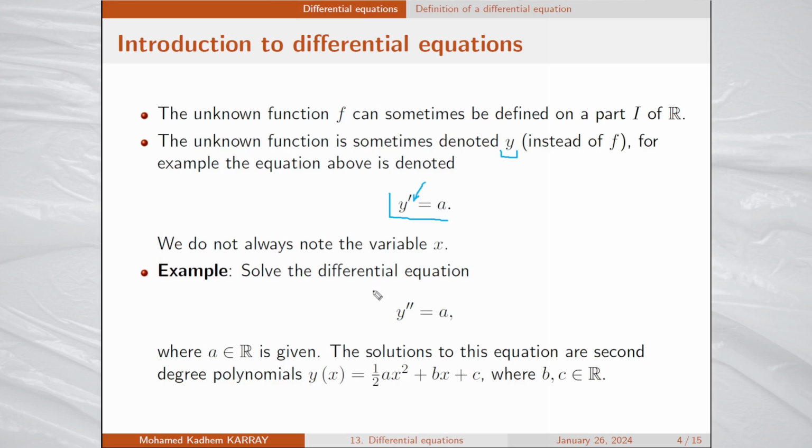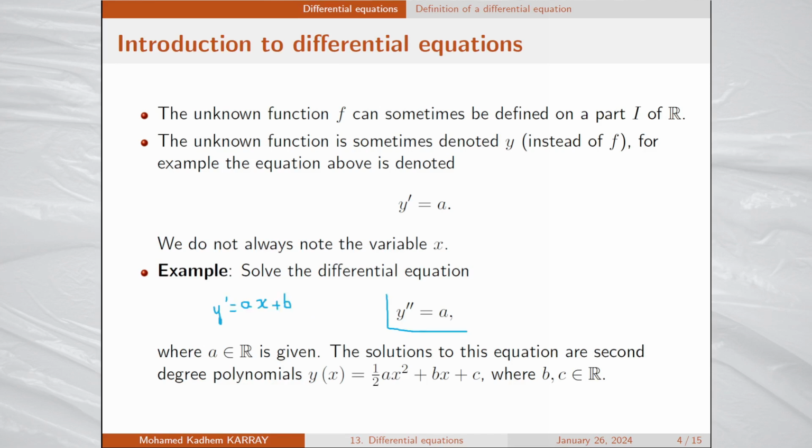Let's give an example now. We try to solve the equation second derivative of y equals a. So to solve this equation, firstly we consider the first derivative of y, and we know in this case that the first derivative of y equals ax plus some constant b.